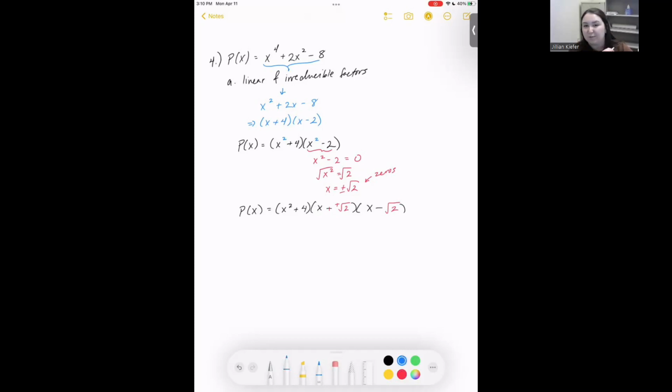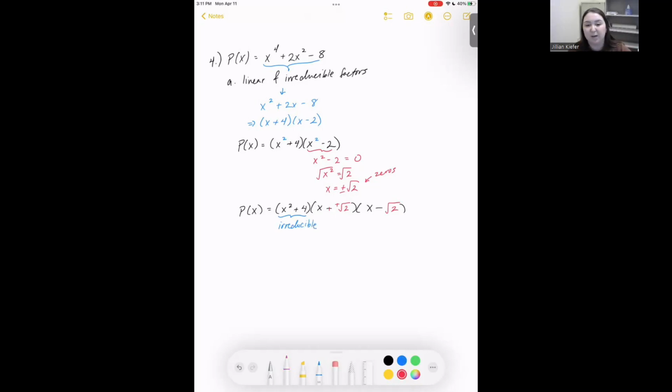But x squared plus 4, that's the sum of squares. And if you wrote it down, like you should have earlier, the sum of squares factors into something that will contain i. Remember, if we only want linear and irreducible factors, no i's, we can't have any complex numbers. If we have to have a complex number, this automatically means that this is irreducible.